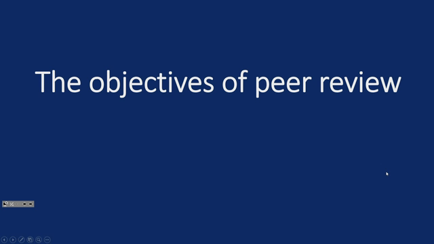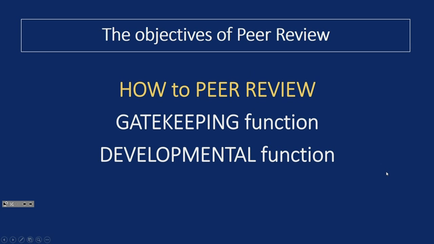So let's consider what some major objectives of peer review are. We can look at this question from two perspectives. The first is to look at how peer reviewers are expected to act. Namely, peer review performs two major functions: gatekeeping and developmental.